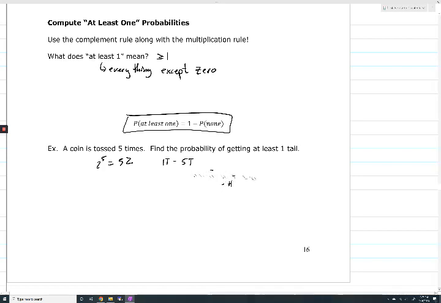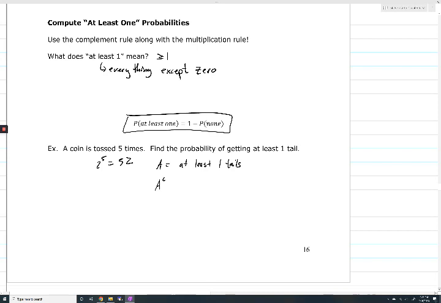And so it's really complicated to figure out all of the different ways that I could get at least one tails. There is, however, a much easier way to approach this. At least one tails is our event. What's the complement of that?